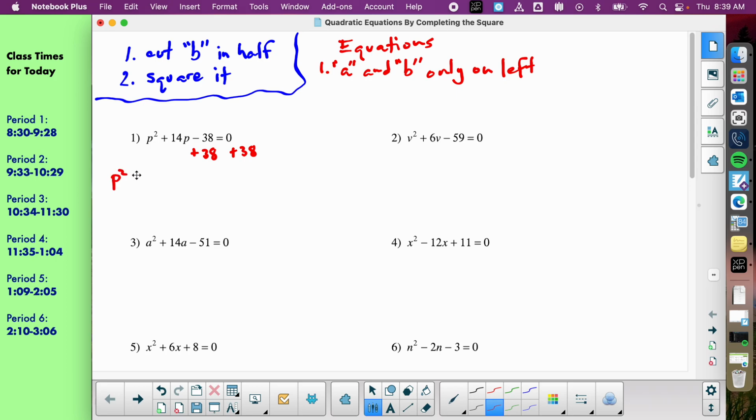And then this should read p squared plus 14p, and then we're going to leave space for putting in the number that we're going to find, equals 38. So by doing this first step, the left-hand side looks like what we were given yesterday. That's kind of the whole purpose of that step.